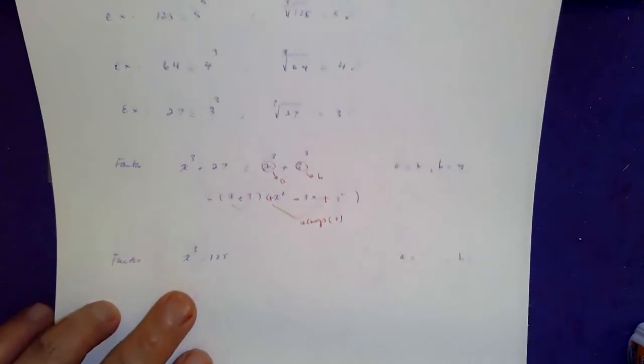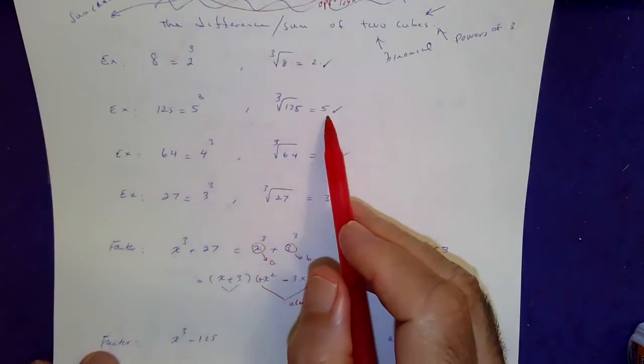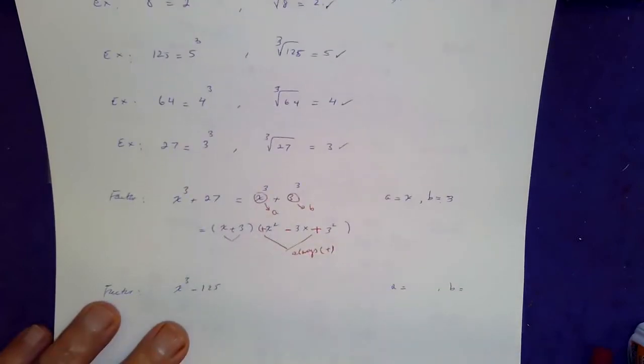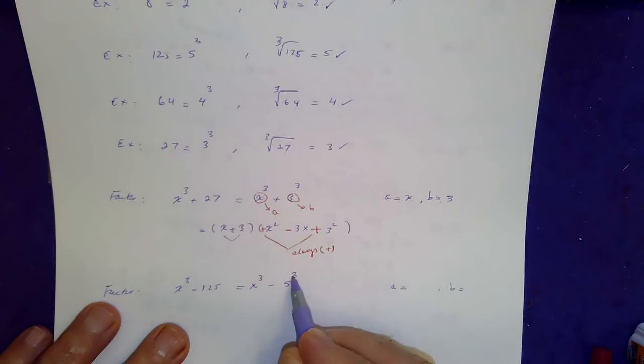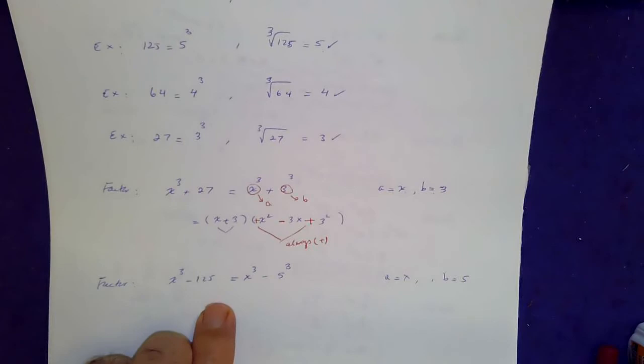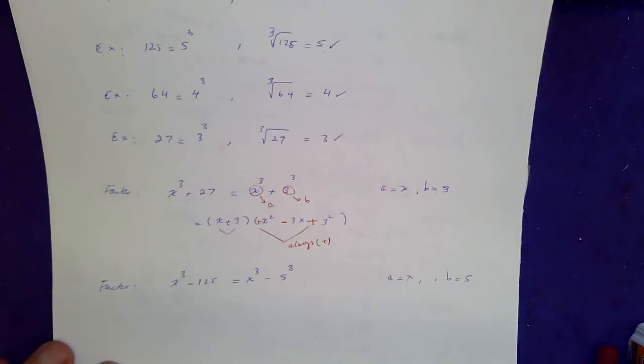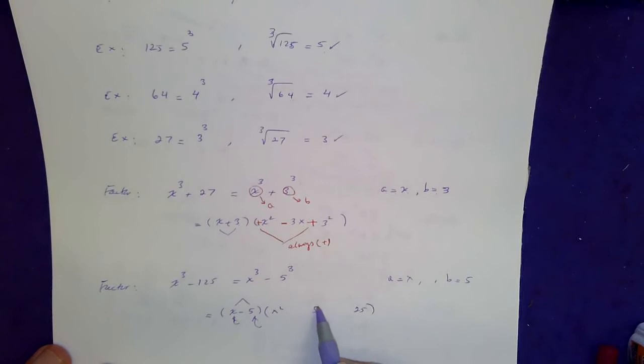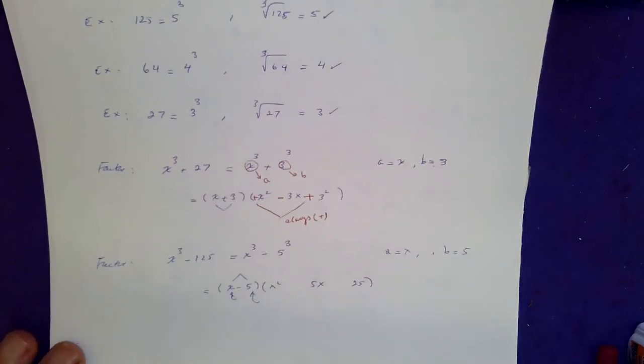x cubed minus 125. Remember, the cube root of 125 is 5, so I can rewrite this as x cubed minus 5 cubed. So a is x, b is 5. It's not 125, it's 5. What does the formula say? It says write this as a - b, which is x - 5, then x squared, 5 squared, and multiply these and you get 5x in the middle.